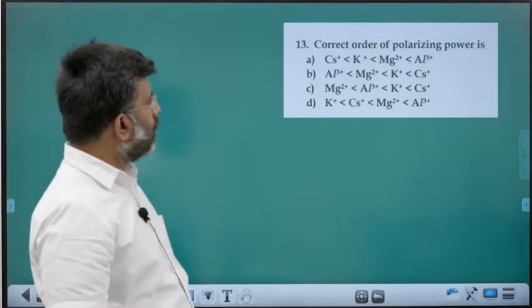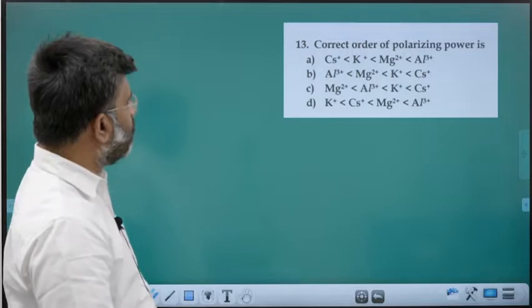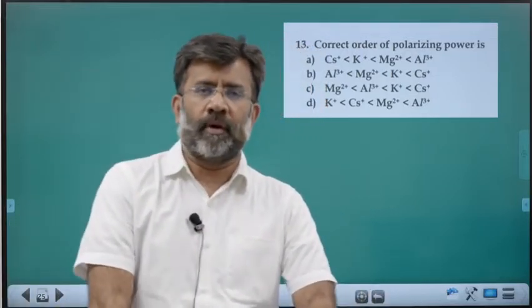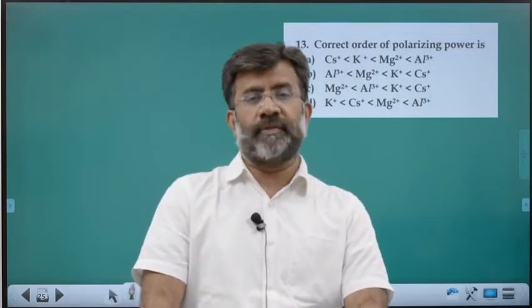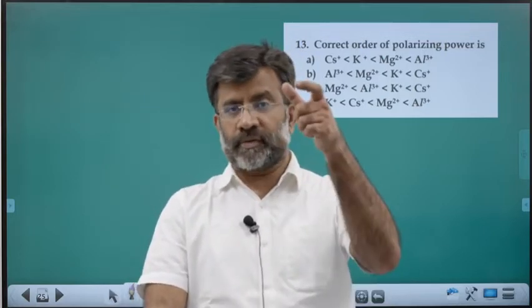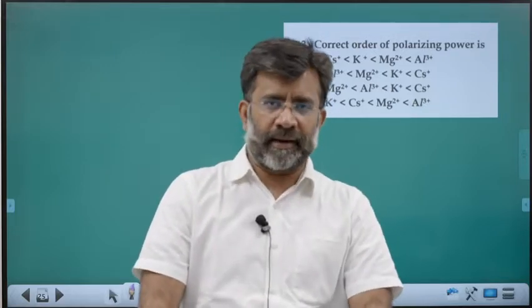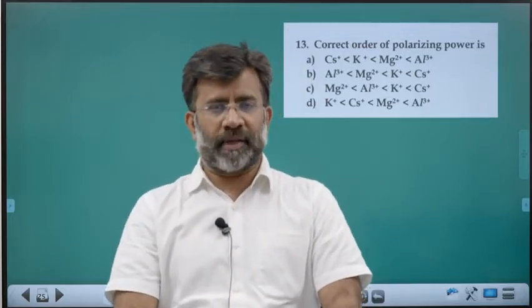Next: the correct order of polarizing power. You have learned about polarizing power. It depends on the size of the ion and the charge of the ion. Higher the positive charge, smaller the size, higher the polarizing power. A detailed discussion is coming in chapter 4, Fajan's rule application.